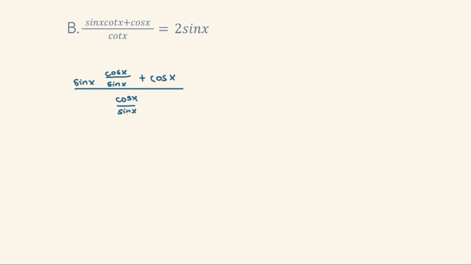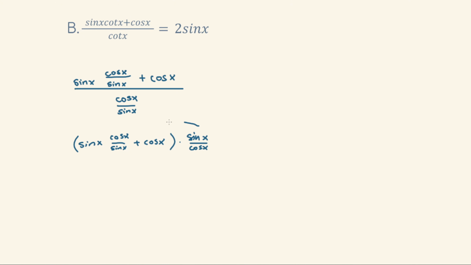Now, I'm dividing by a fraction, so we do the same thing in the numerator: sine x, cos x over sine x, plus cos x. Whenever we divide by something, it's the same as multiplying by its reciprocal, right? So we change that division to a multiplication and flip the fraction, okay?